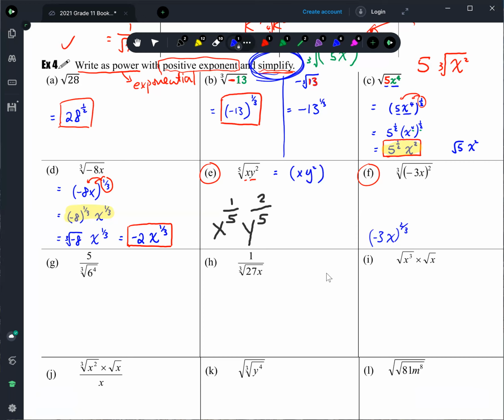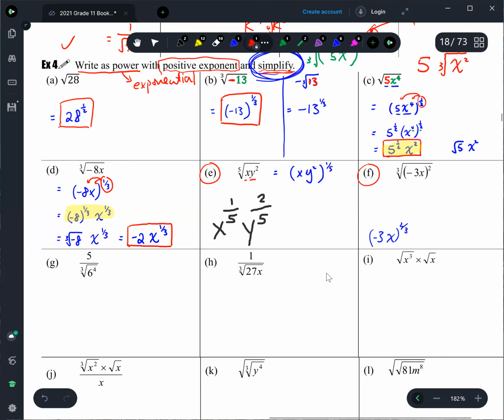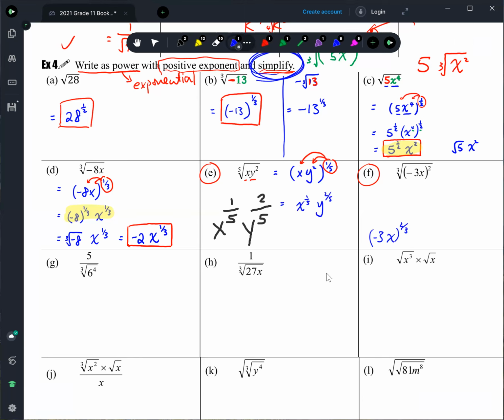The fifth root, we write it as 1/5. And then the 1/5 will need to share. So you cannot stop there. You have to share in. You get x to the 1/5, y to the 2/5. So Bernice got this one right. Okay, good.